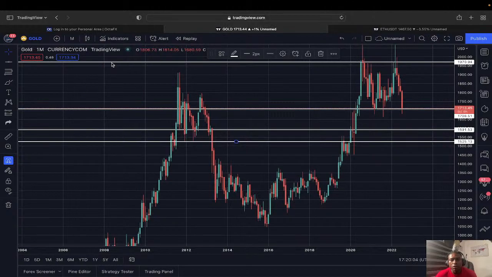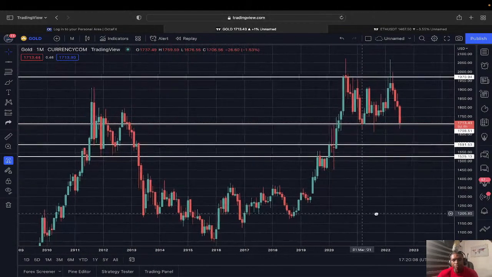Let's go back to candlesticks. So here we are on the monthly time frame.